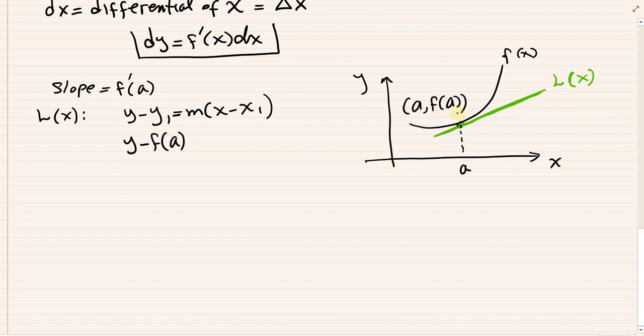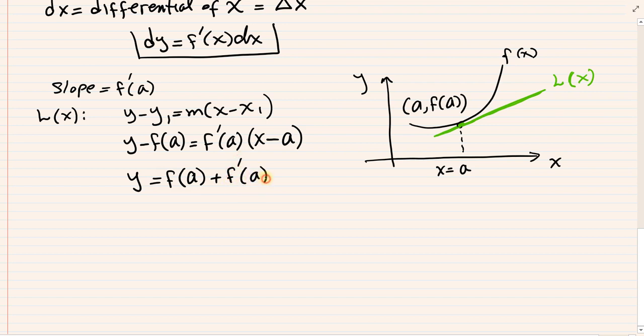And the slope is f prime at a times x minus a, since x1 is a here. Now if I solve this for y, I move f of a to the other side: y equals f of a plus f prime at a, the slope, times x minus a. And this is the equation of that line.